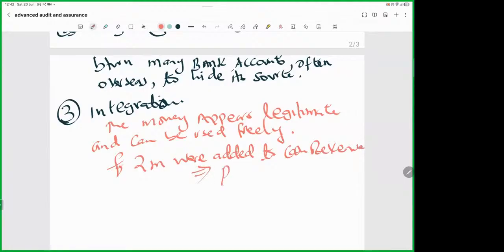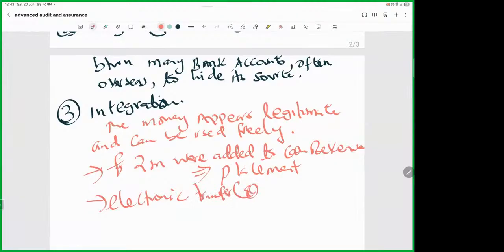they were doing what we call placement. And then we have an electronic transfer. If I remember very well, this was overseas. So they are doing layering. We'll have some money in Kenya here, another layer of money in America or whatever.